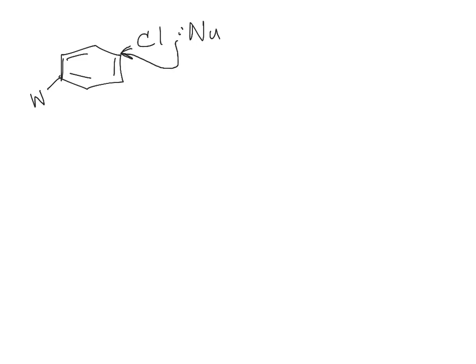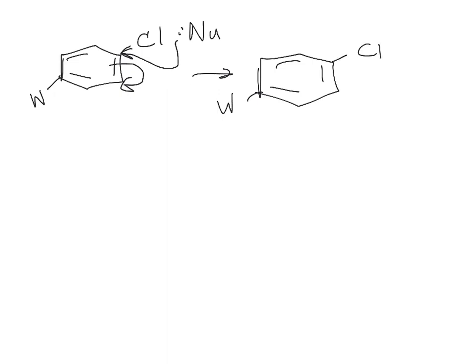The easiest bond to break is this pi bond. Those electrons go out on the carbon. Our intermediate looks like this. Here's your withdrawing group. Here's your halogen. Here's your nucleophile. And what happened? We removed these electrons and we put them out here on this carbon. So you have a carbanion right here.